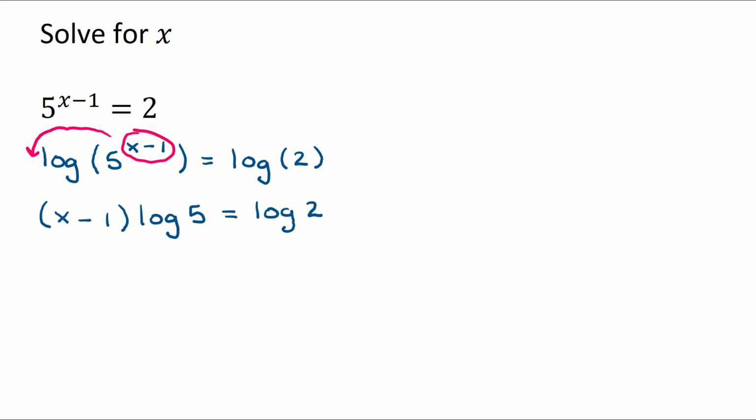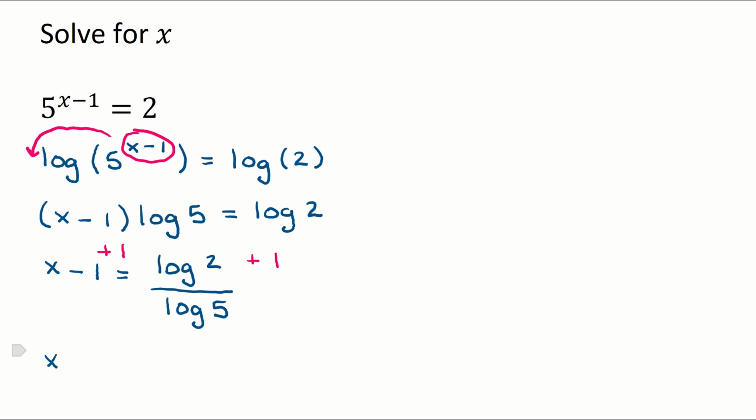Right now, x minus 1 is being multiplied by log of 5, so I'm going to go ahead and divide both sides by log of 5 to get log of 2 divided by log of 5. Then to get x by itself, all I need to do is add 1 to both sides of the equation.